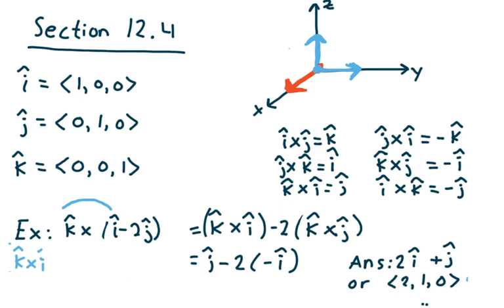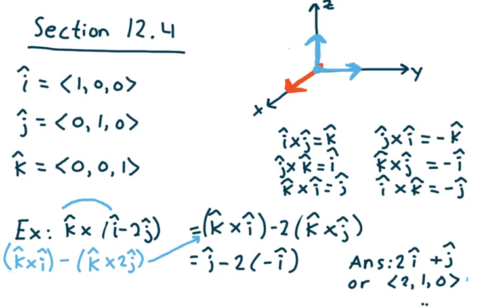I can take this quantity and subtract k cross 2j. So I would probably add that line here. And then from here, I get the quantity k cross i minus 2. So notice I'm bringing the 2 out in front and multiplying by the quantity k cross j.